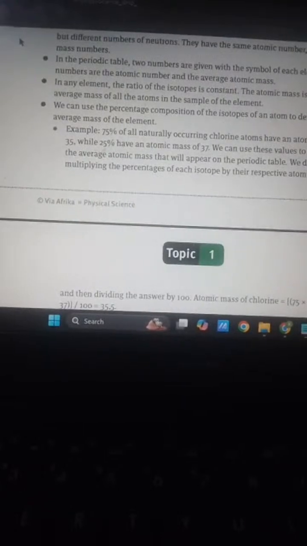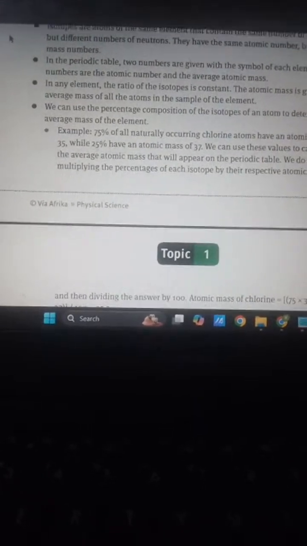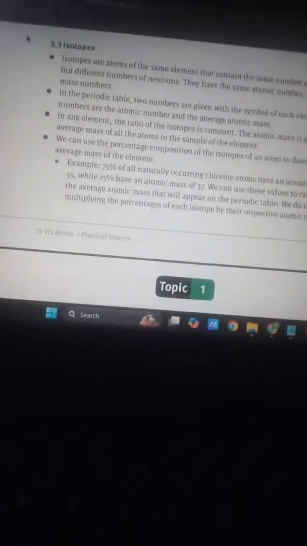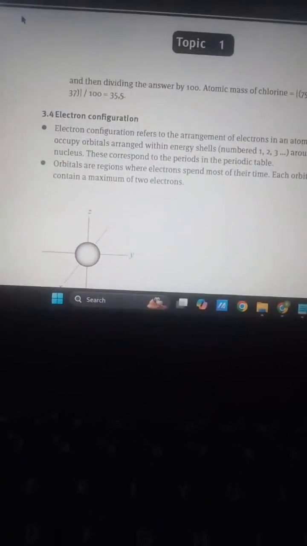The ratio of the isotopes is constant. The atomic mass is given as the average mass of all the atoms in a sample of the element.